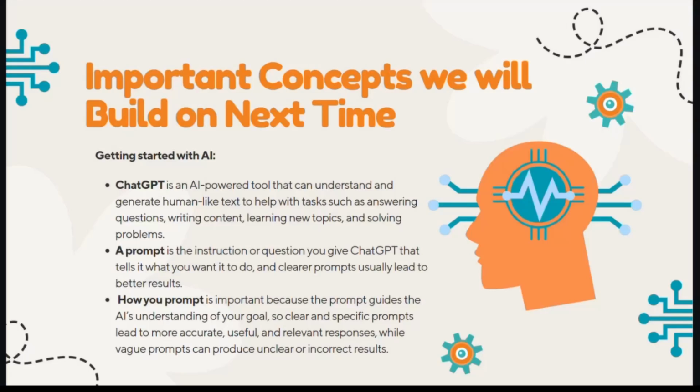The more familiar you are with the limitations and abilities of whatever you're using, whether it's ChatGPT or Google Gemini, but we're going to focus on ChatGPT, the more specific and accurate you are, and the more knowledge you have of what it can and can't do, the better prompt you write, the better results you're going to get, and the easier it also gets. So we'll look at prompts.